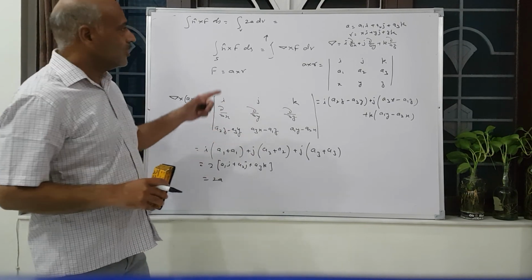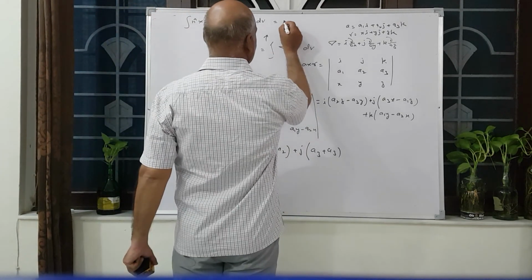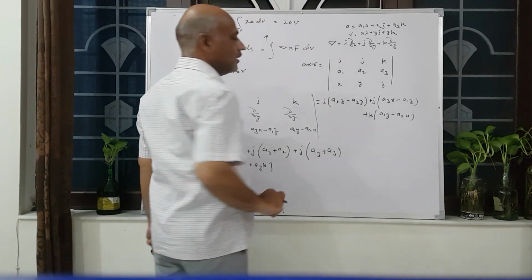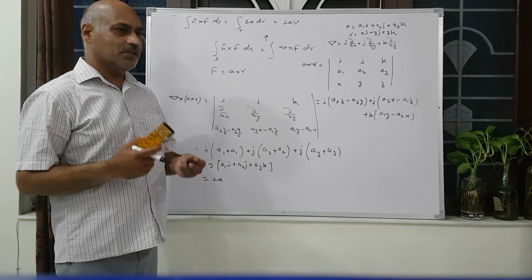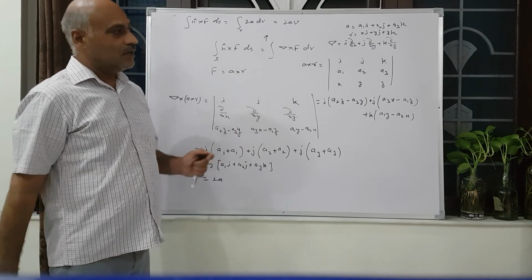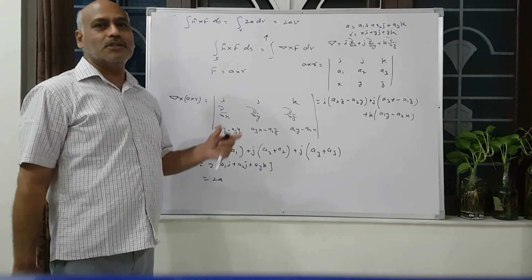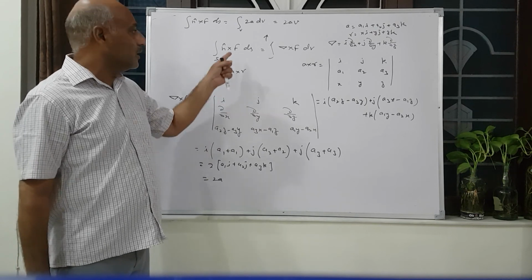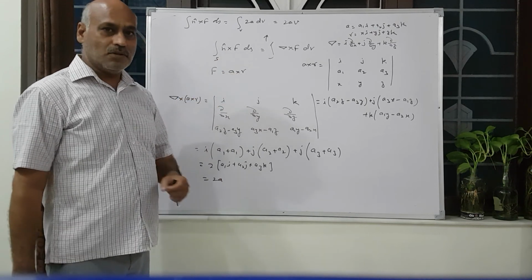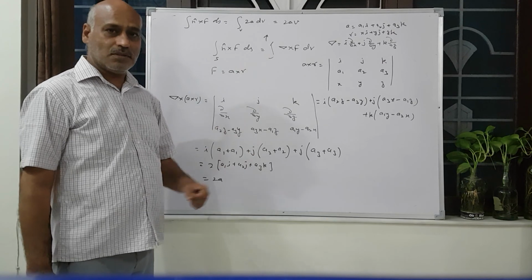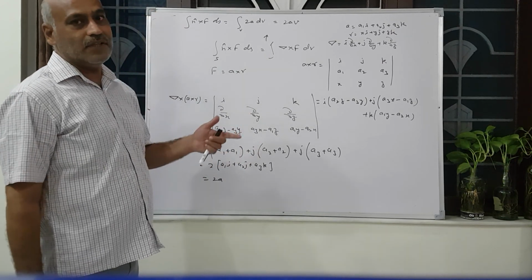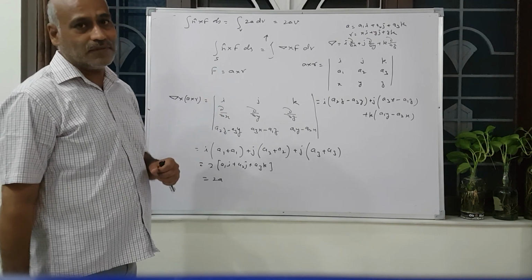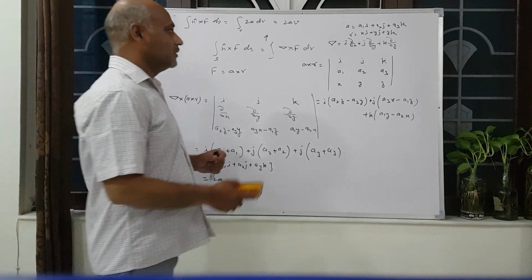So here the value is 2A times the volume. When a cross multiplication is given, we use the curl; and when F dot n cap ds is given, then we use divergence. This is curl F.